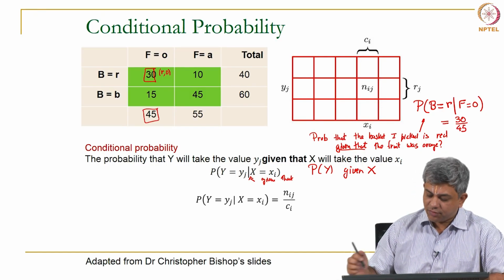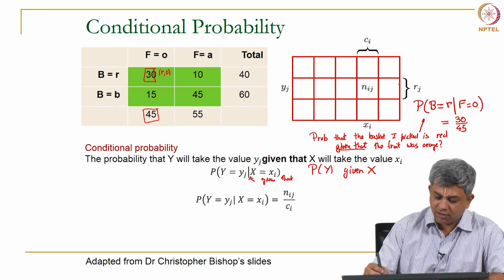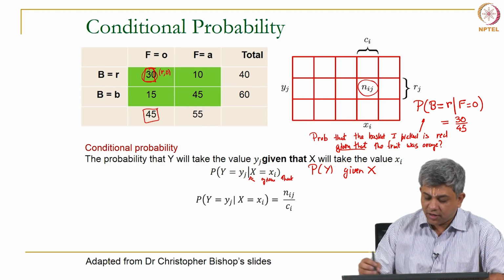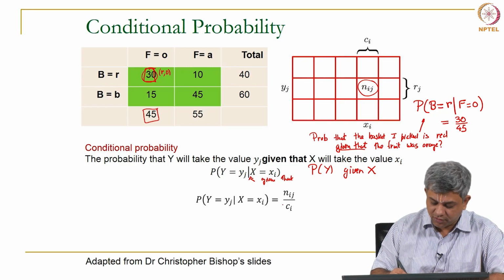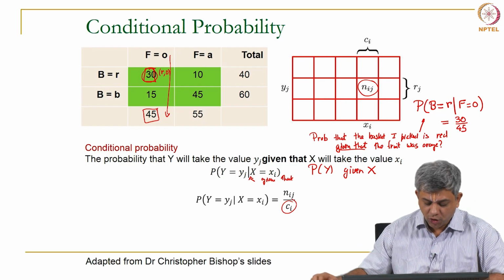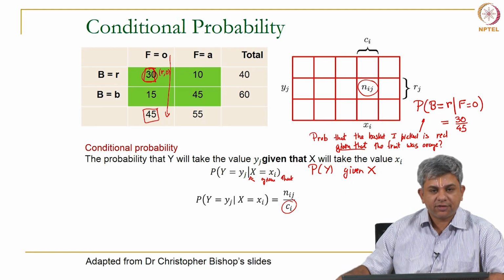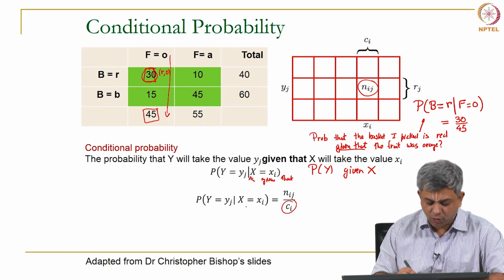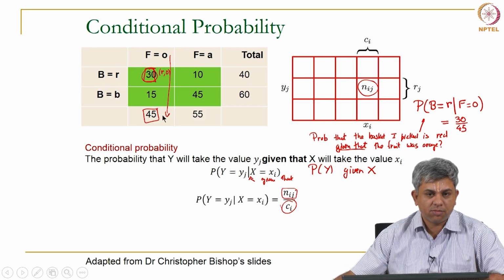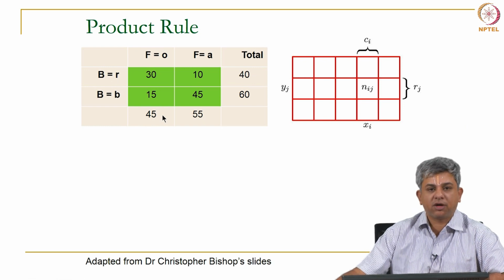More generally we would write it as Nij, which is equivalent to 30 here, divided by 45, which is Ci, which is the column sum. Okay. So, in general you would write this probability of y equal to yj given x equal to xi as Nij divided by Ci, where Ci is the total or the marginal sum of that particular column.